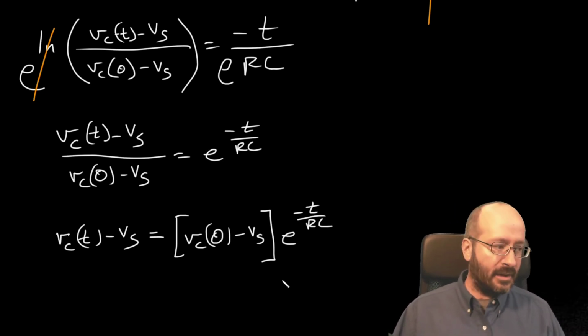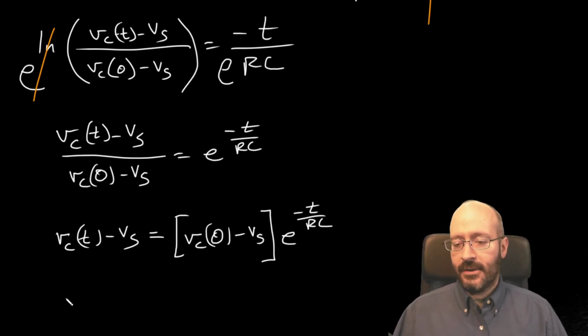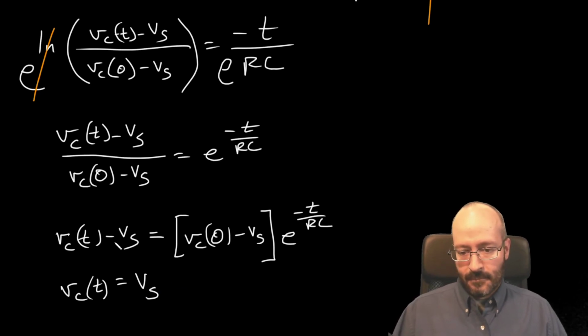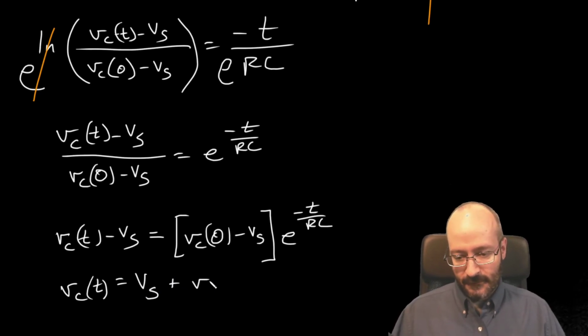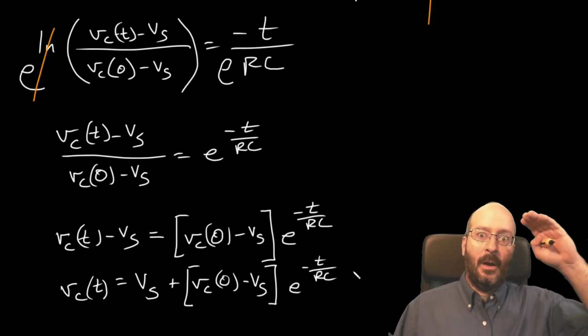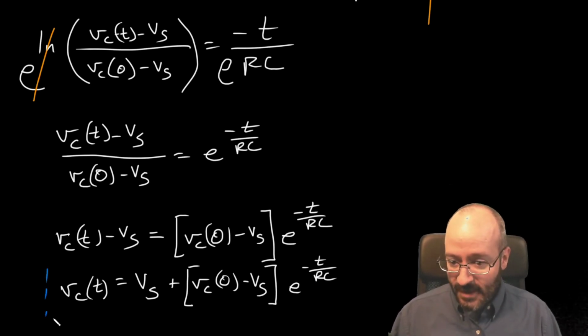Whew. Getting there. Okay. All we have to do to get VC by itself is add Vs to both sides. So we're going to get Vs plus VC of 0 minus Vs, all of that in front of e to the negative t over RC. Whew. Okay, so that's what we were after.